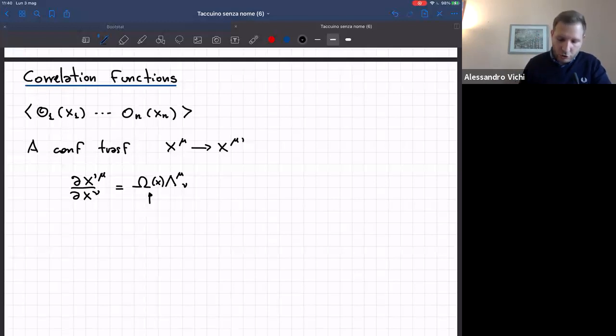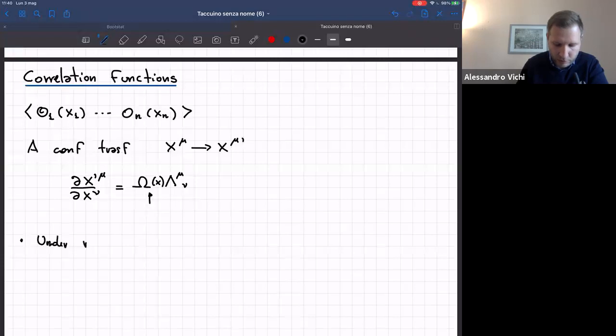Okay, so under such a transformation, let's ask ourselves how a local operator transforms. To make it intuitive, we can understand that it's going to be a combination of the transformation law under rotation and rescaling under some factor.